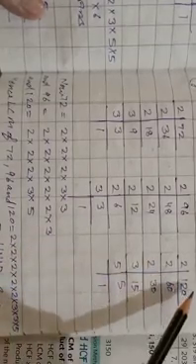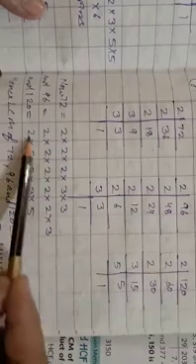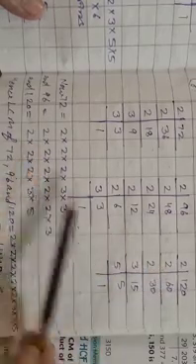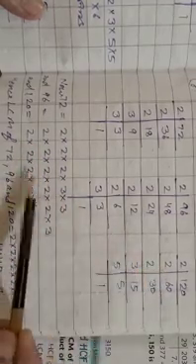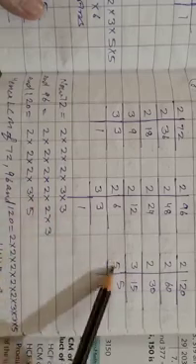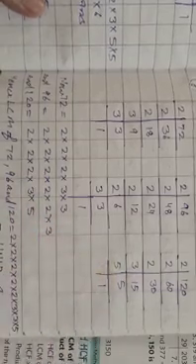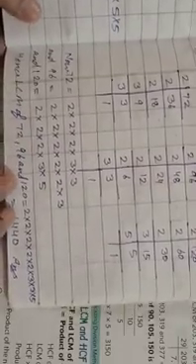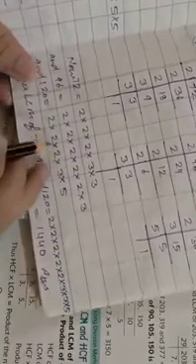And resolving the prime factors of 120: 2 into 2 into 2 into 3 into 5. Now LCM of 72, 96, 120 is equal to, now we write the maximum number of times of each factor.